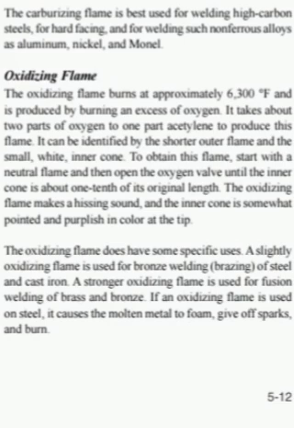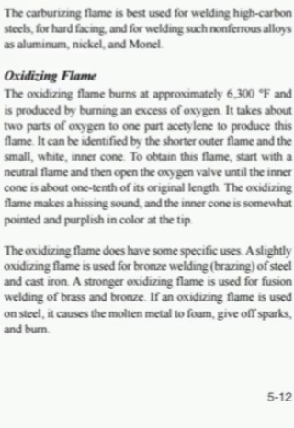Oxidizing flame. The oxidizing flame burns at approximately 6,300 degrees Fahrenheit and is produced by burning an excess of oxygen. It takes about 2 parts of oxygen to 1 part acetylene to produce this flame. It can be identified by the shorter outer flame and the small white inner cone.